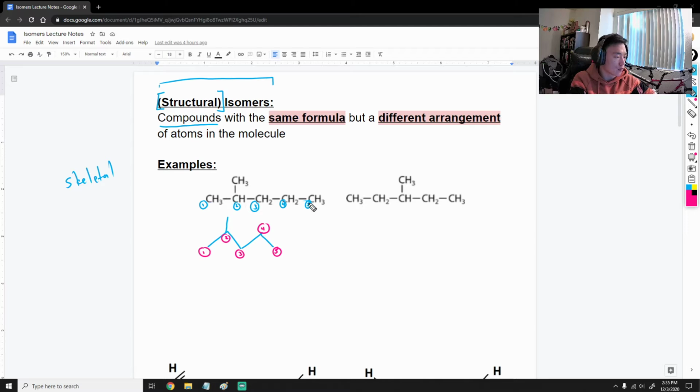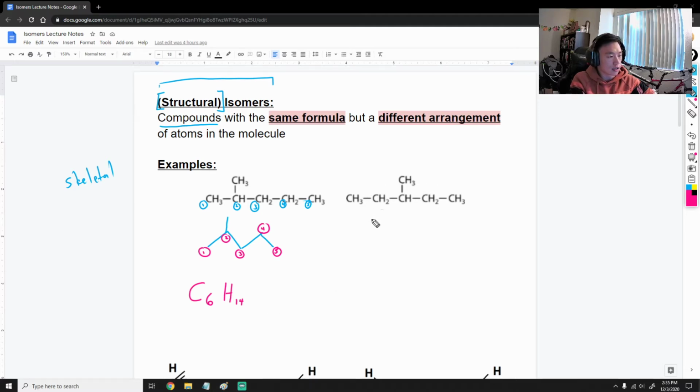We have 1, 2, 3, 4, 5, and then we have 6 C's. So the chemical formula would be C6, and then how many H's do we have? We have 3, 6, 7, plus 2, 9, 11, and then we have 14. So we have 14 H's. Okay, so we have 6 C's, 14 H's.